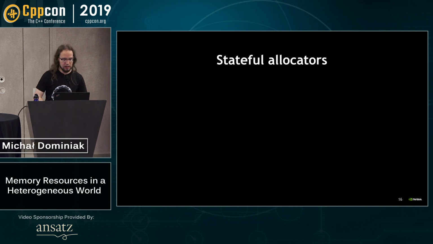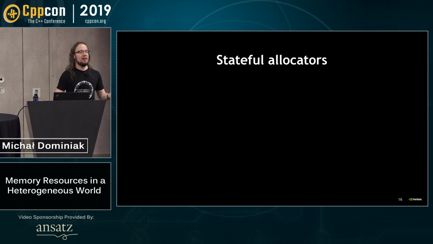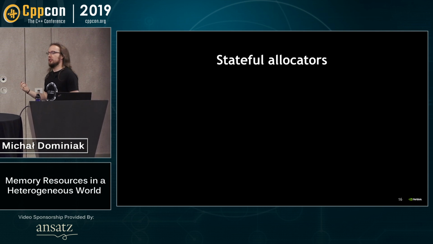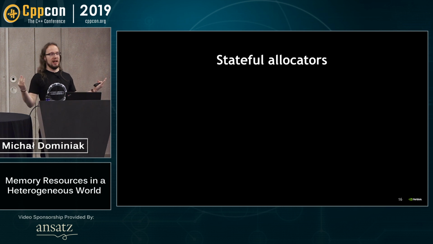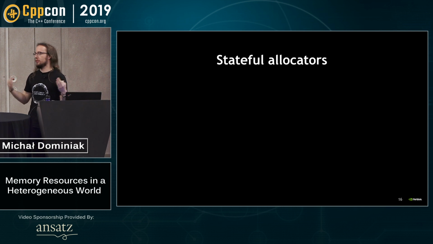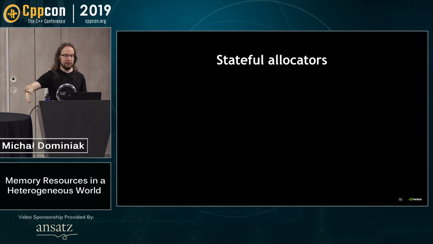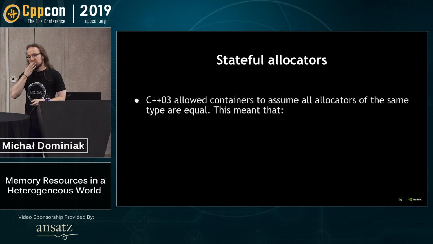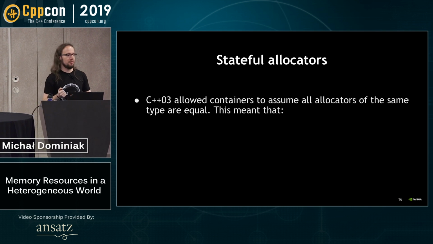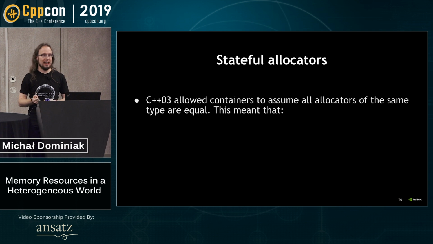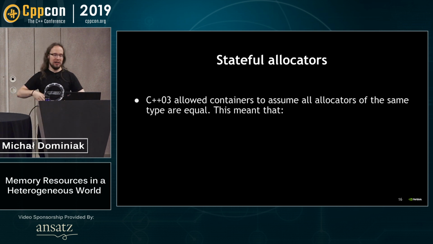All right, let's talk about stateful allocators, because suddenly our allocator has a pointer that we have to copy around, which means it has a state. We can have two different allocators of this type that are not equal because they do not point to the same underlying memory resource. We had a problem in C++03 and 98 because containers were allowed to not actually store allocators. They were allowed to create them whenever necessary and then immediately destroy them, which made this not work.